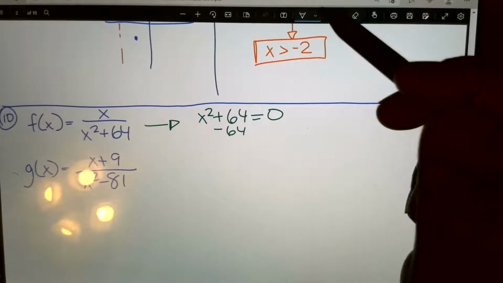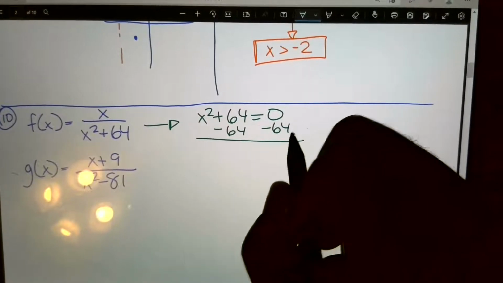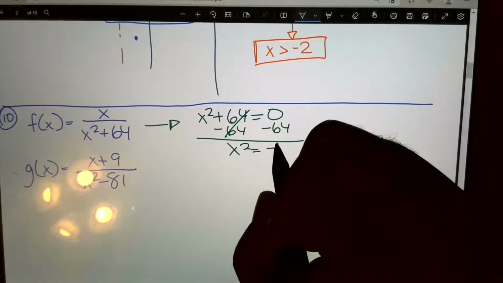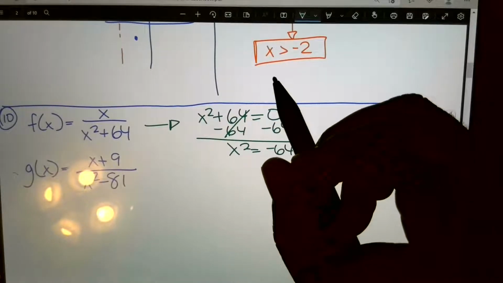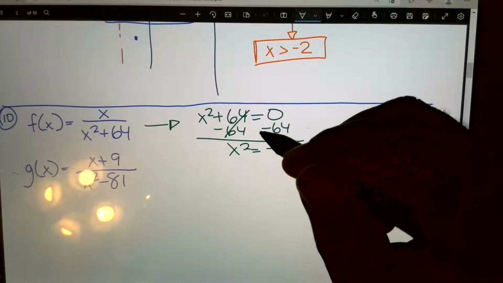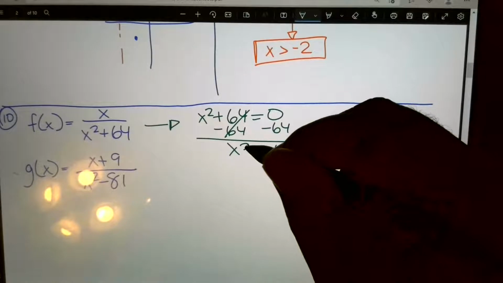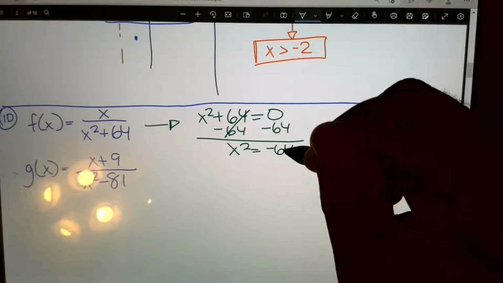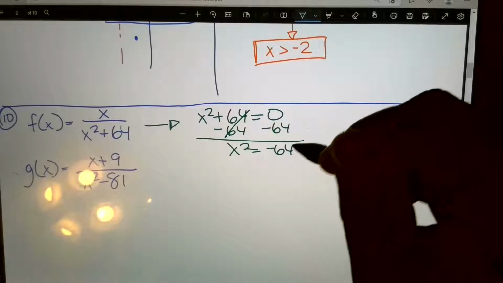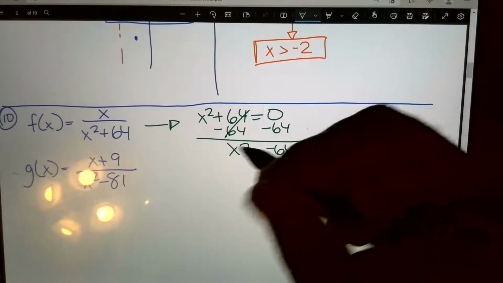Let's just say x squared is equal to negative 64. Again, for our intents and purposes here, there is no domain restriction because a squared number can't equal a negative number. I mean, if we're doing negative numbers, we would have i, but we're not. So no restriction.